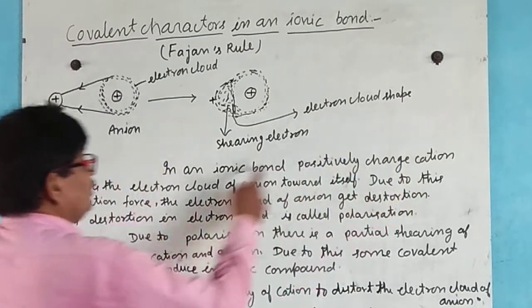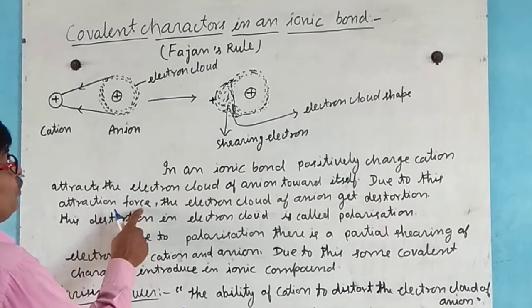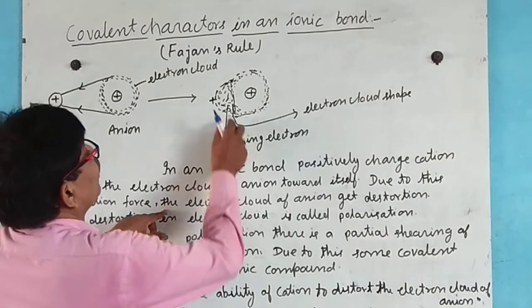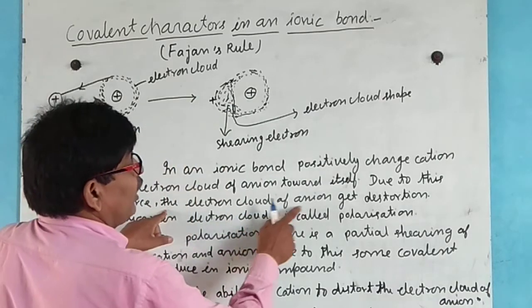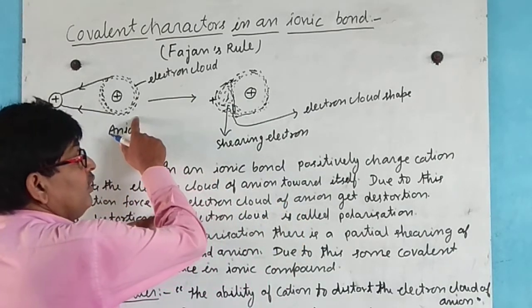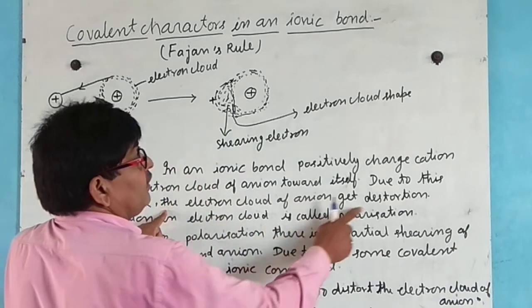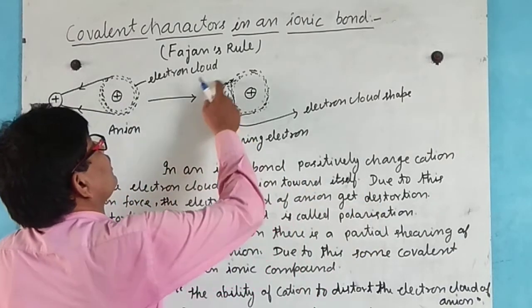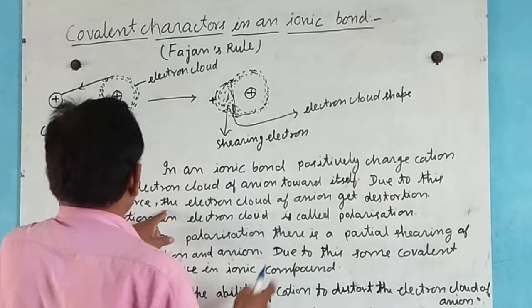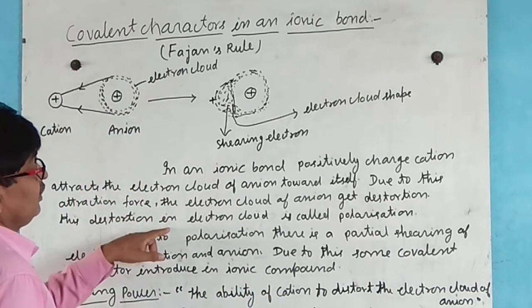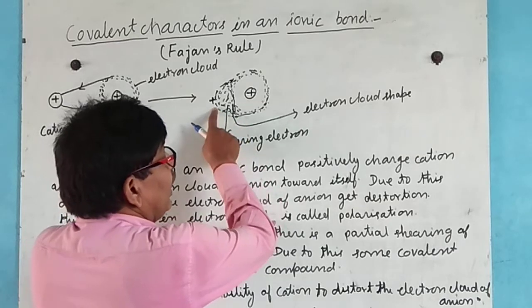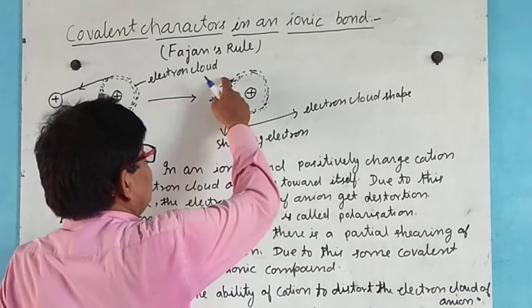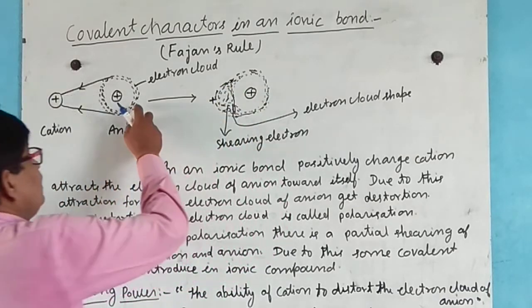Due to this attractive force, the electron cloud of the anion gets distorted. Such distortion in the electron cloud is called polarization.